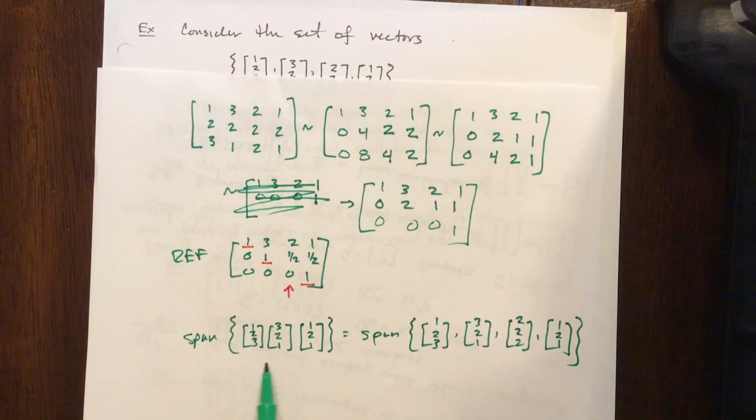So this is an abbreviated list that has the same exact span as the previous list.